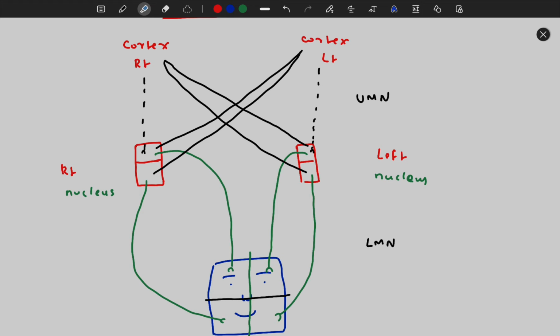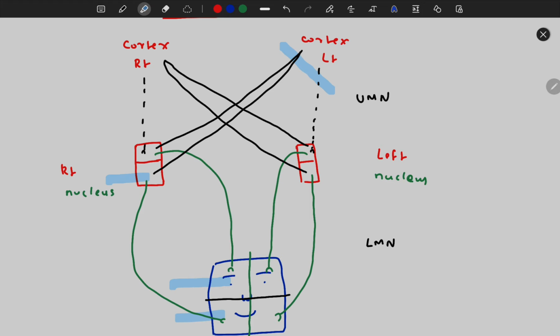If there is a UMN lesion on the left side, that means the right nucleus is affected. That means the right side of the face is affected. But you can see that the upper part of the nucleus on the right side is getting its supply from the same side. That means this will not be affected.